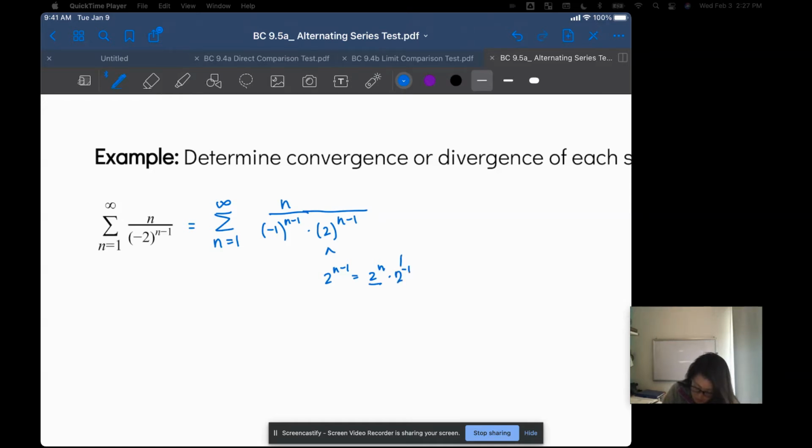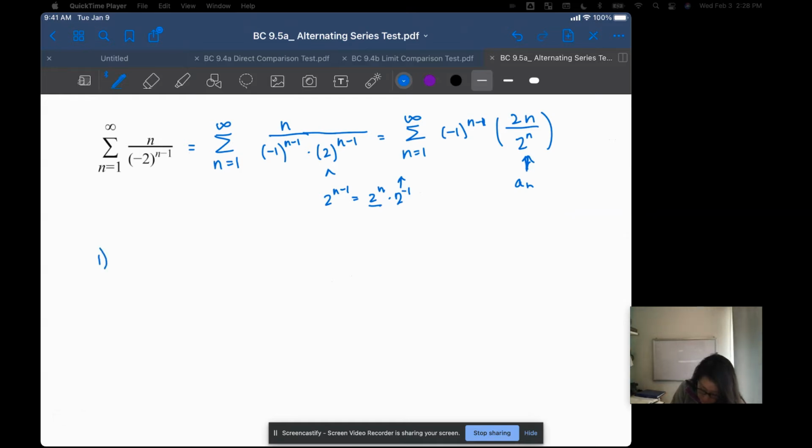So I'm going to push the 2 to the numerator. So I get 2n over, oh wait, let's pull out the negative to the front. So I'm going to do -1 to the n minus 1 times 2n over 2 to the n. Okay, so this part right here is my a sub n.